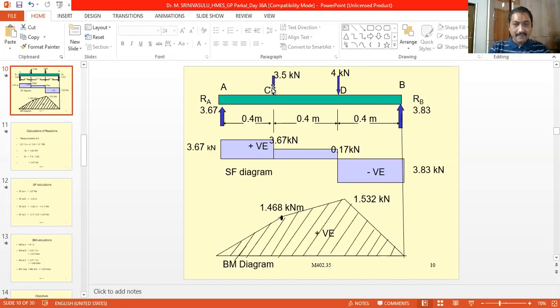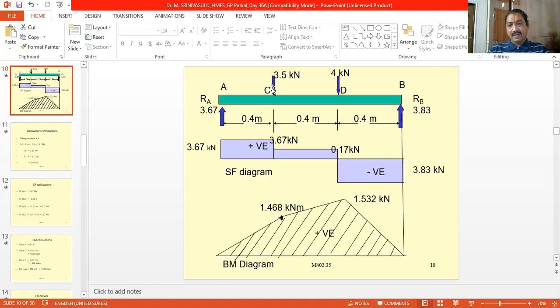Now first I consider the right of the section. The bending moment at point C is equal to how much? We got two forces, that is 3.83 into, it is acting at a distance of 0.8 meters. So 3.83 into 0.8. That is causing an anti-clockwise movement. It will try to rotate the beam anticlockwise, therefore it is positive.